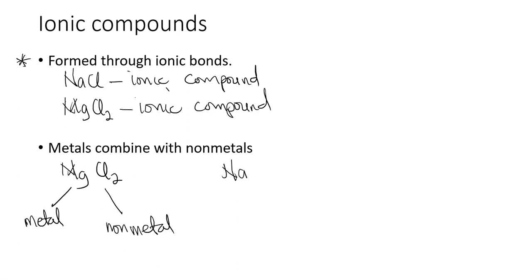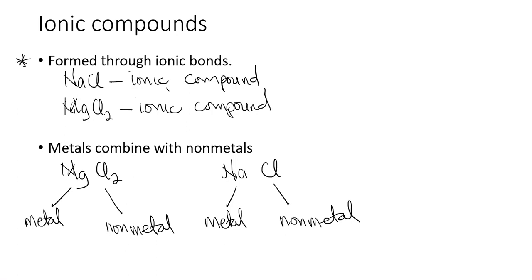So if you use sodium chloride, sodium is a metal, chlorine is a non-metal. And because we have a metal and a non-metal, we have an ionic compound.